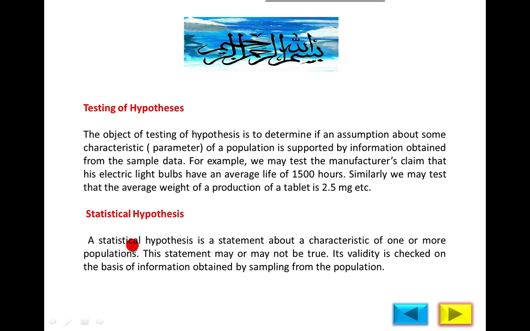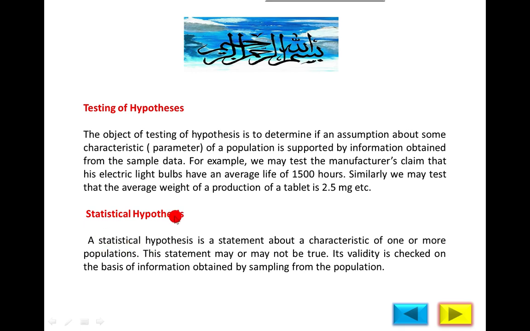But in this course, we will study only one and two population means and two population variances, etc. For more than one population mean, we will use ANOVA, analysis of variance. ANOVA is also part of the testing of hypothesis.